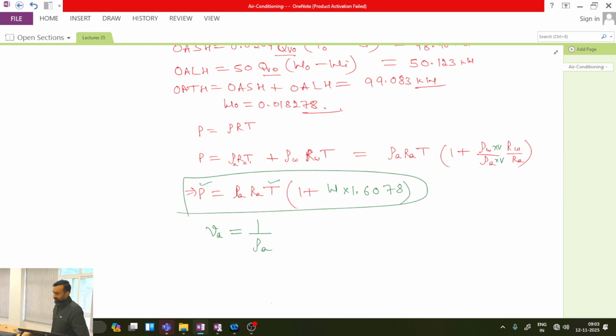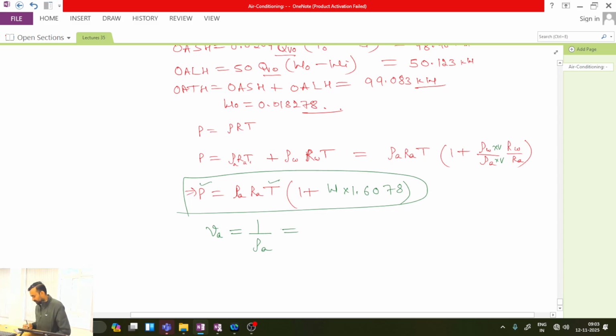And W is given for outside air. I have just now calculated W naught. So tell me how much is VA, which is equal to 1 by rho. Please do it fast.